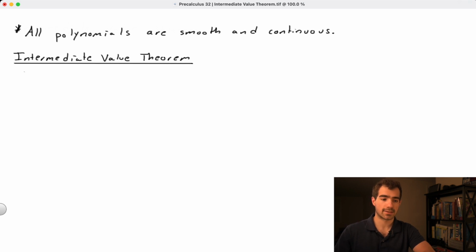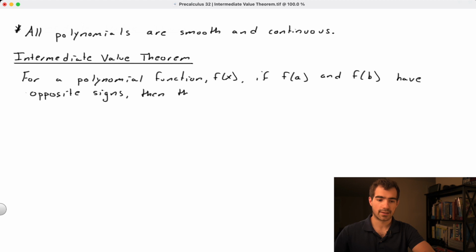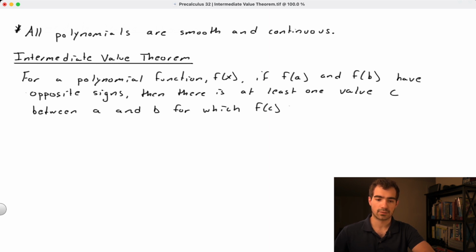What this theorem states is that for a polynomial function f of x, if f of a and f of b, so two points along our graph, have opposite signs, in other words, one is positive and the other is negative, or vice versa, then there is at least one value, which we'll call c, that lives between a and b, for which f of c is equal to 0.